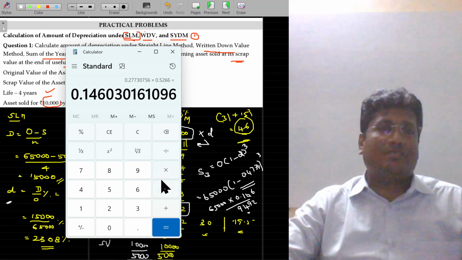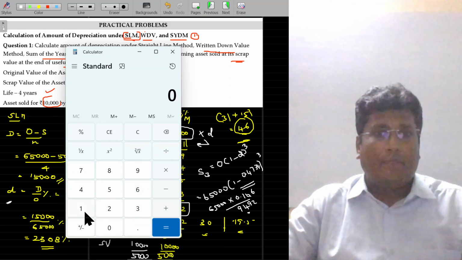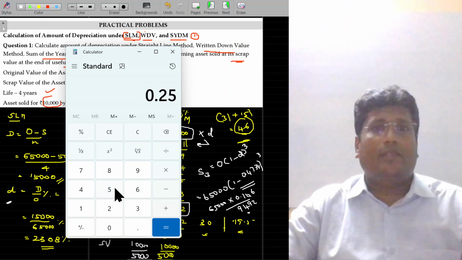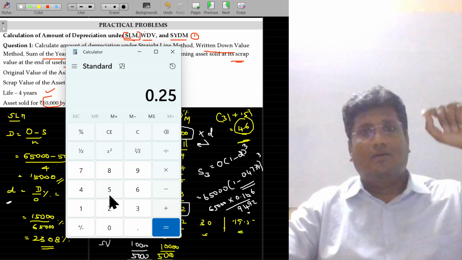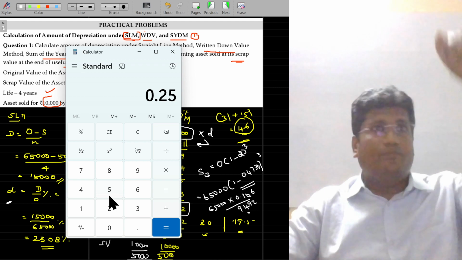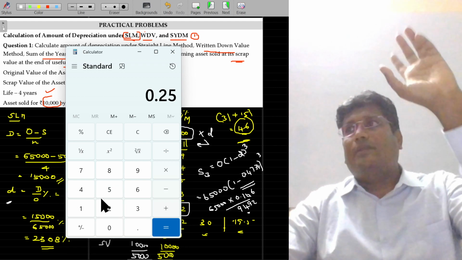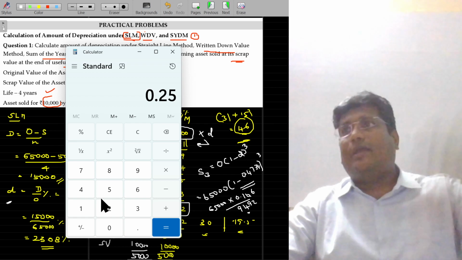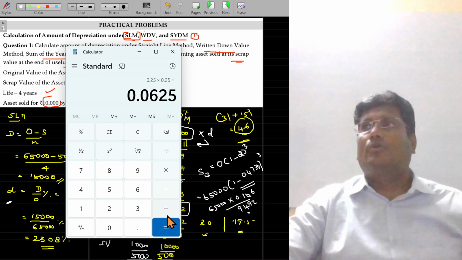If power 10 means, what do you have to do? In the case of a non-scientific calculator, take 0.25. I want to calculate the power of this. I will assume the power being 5. 0.25 to the power 5. Just put into and press equal, this is power 2.